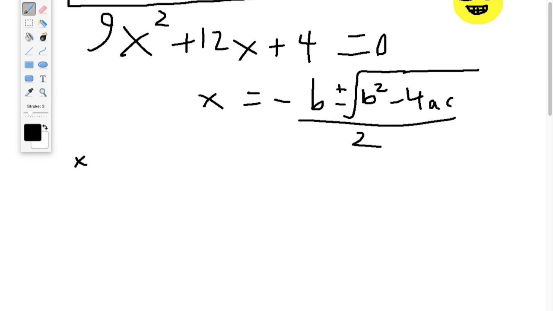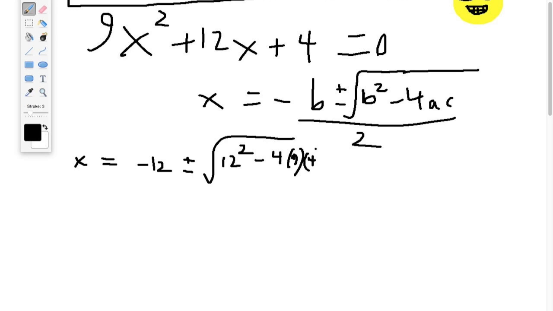So that means we have x equals negative 12, because we had b here, and we decided that it was going to be negative. Negative 12 plus or minus the square root of 144, because that's 12 squared. But we're just going to plug it in for now. Minus 4 times 9 times 4, divided by 2 times 9.